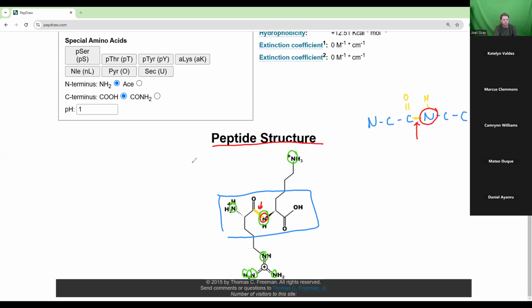Now, does anyone see any other nitrogens that I haven't circled in green? No, there aren't any others. You're right.